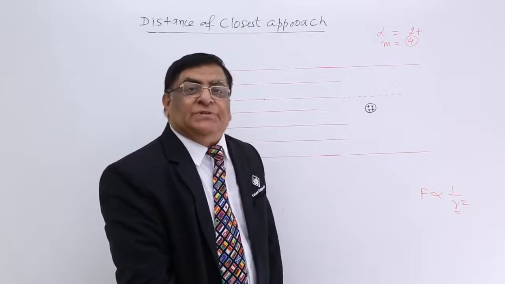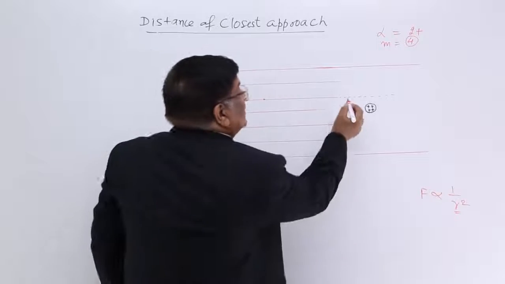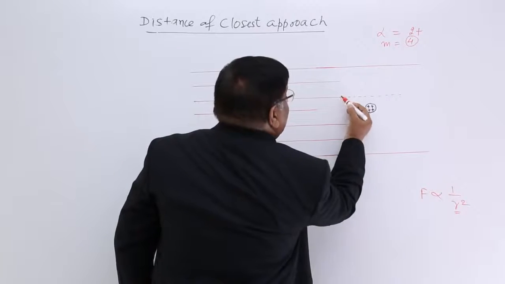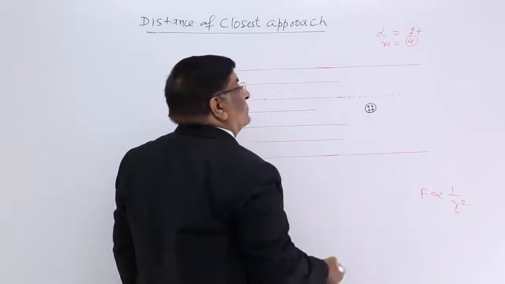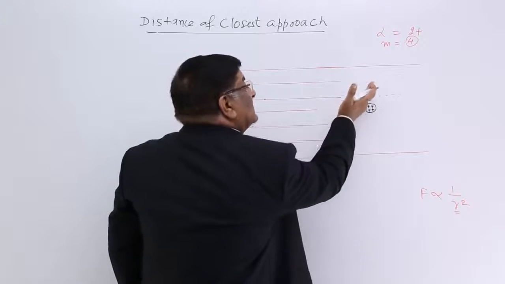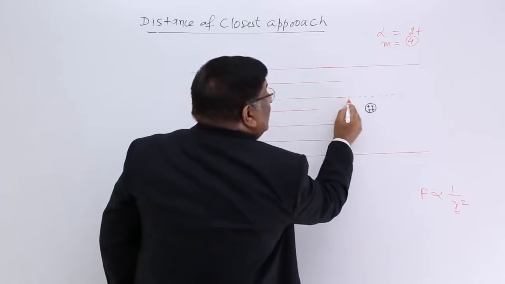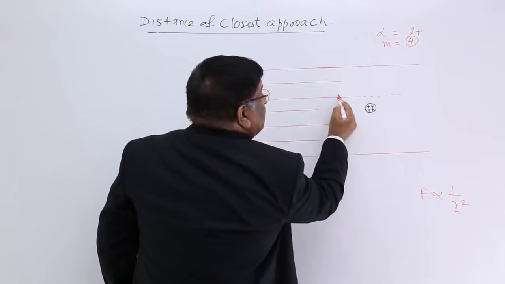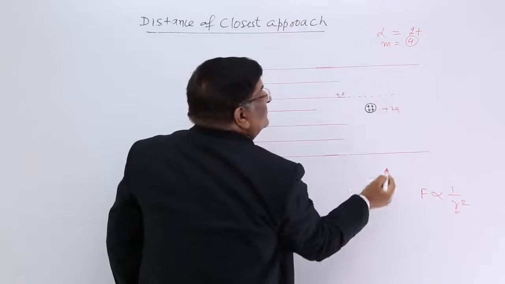But that situation doesn't come, because before that, when it is at this distance, the force becomes so large that it starts deviating. This cannot push this. These are plus 2 and this plus 79.